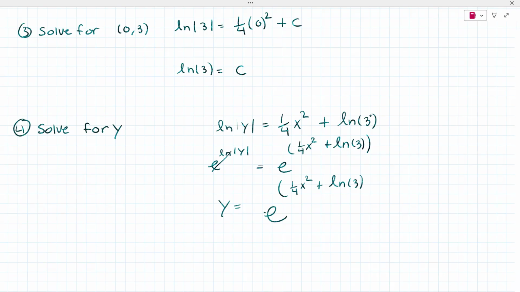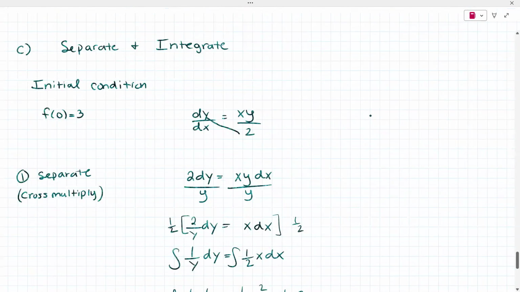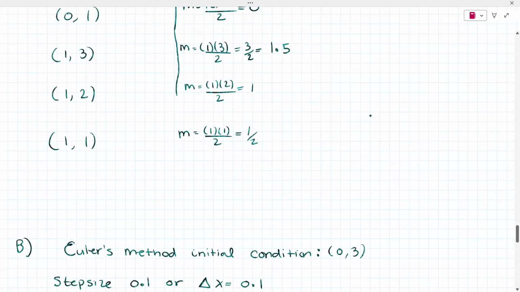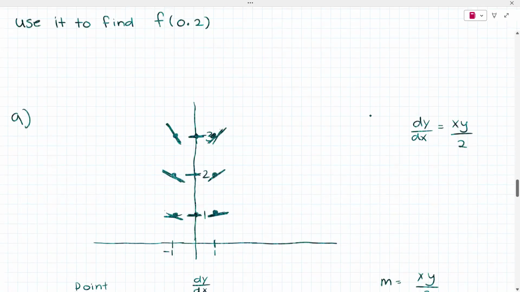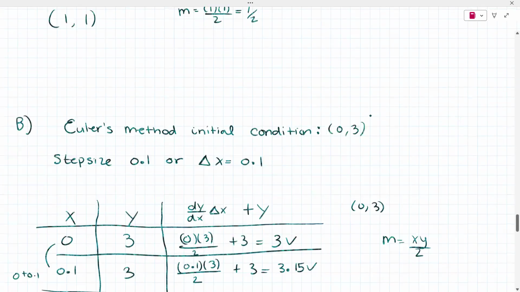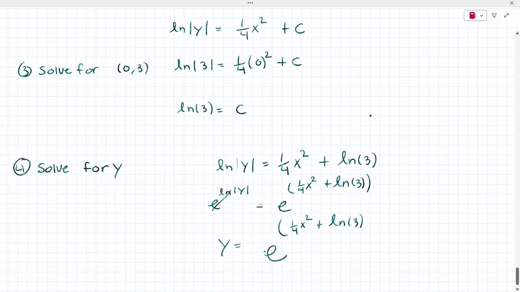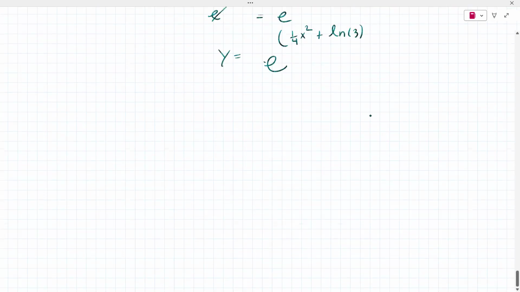Wait, what are they asking? They're asking to find the particular solution and then find f of 0.2. So once we have our equation, we just have to replace x with 0.2, right?